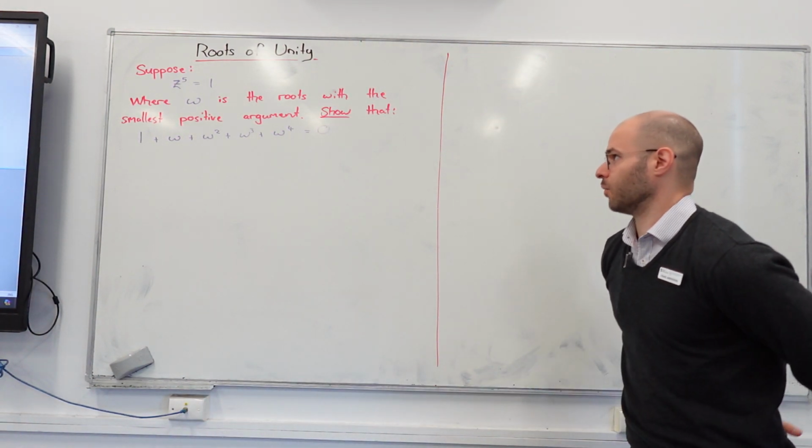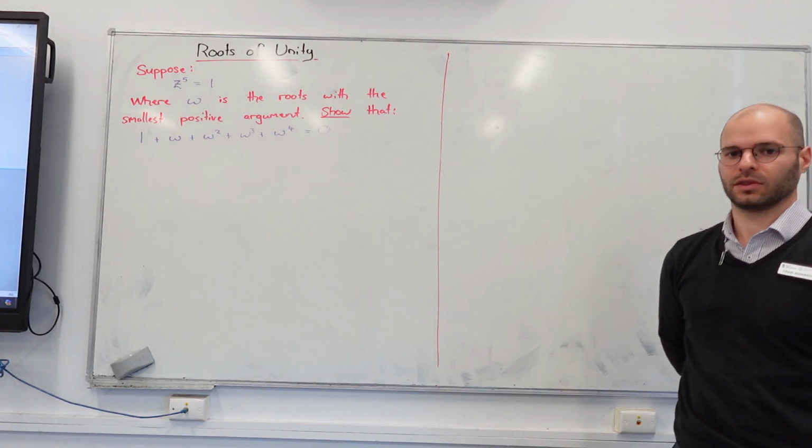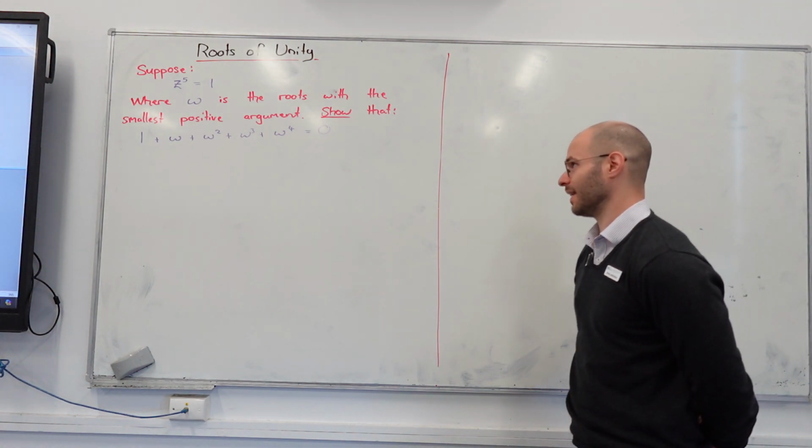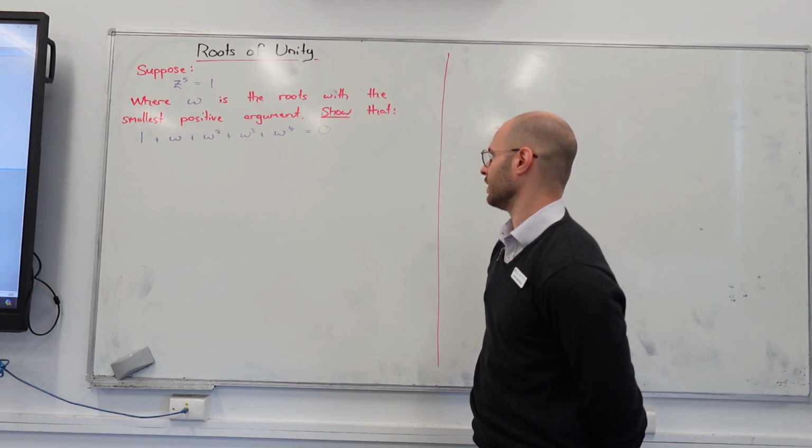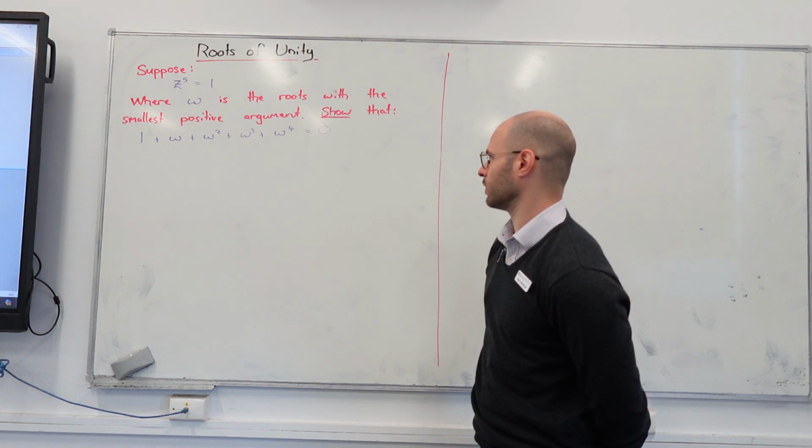Okay, so next part we are looking at the roots of unity. Suppose that z to the power of 5 is equal to 1, where omega is the root with the smallest positive argument.